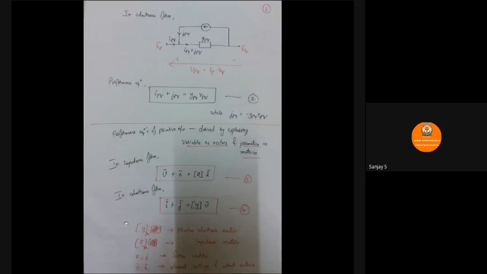Name all of this, and then just explain how to write Z primitive and Y primitive. This is all. In case a problem is asked, if mutual impedance is not present, only diagonal entries will be there. So this finishes the primitive network and primitive element.